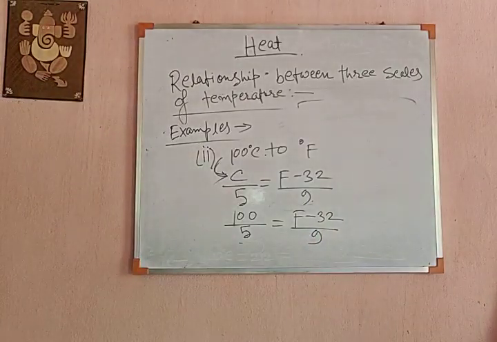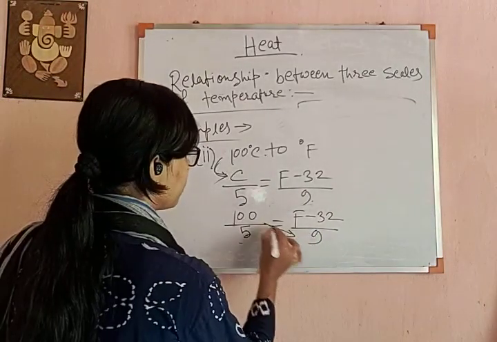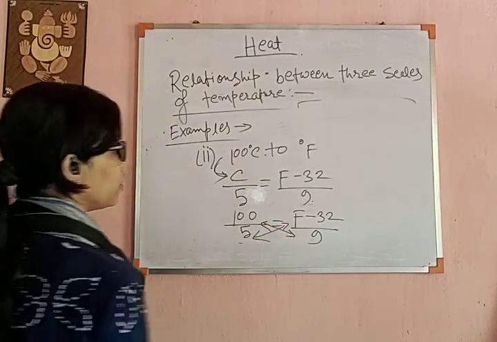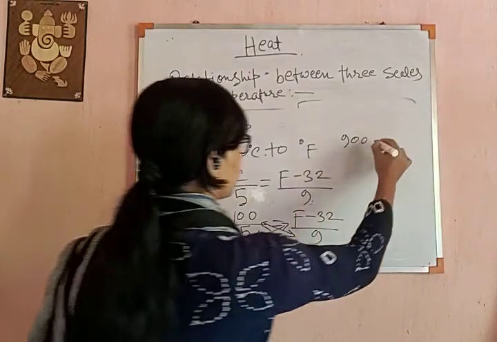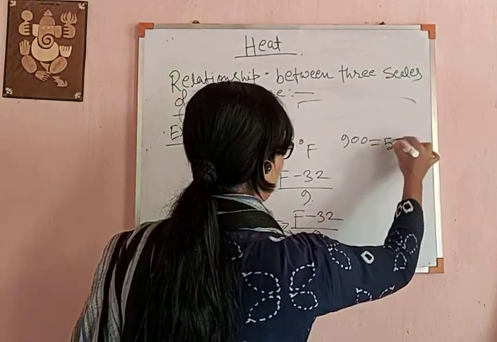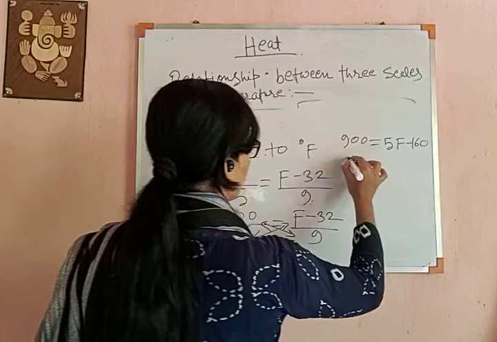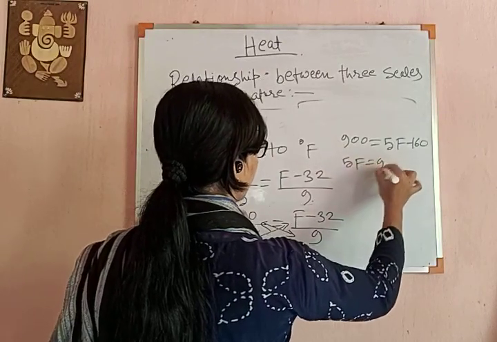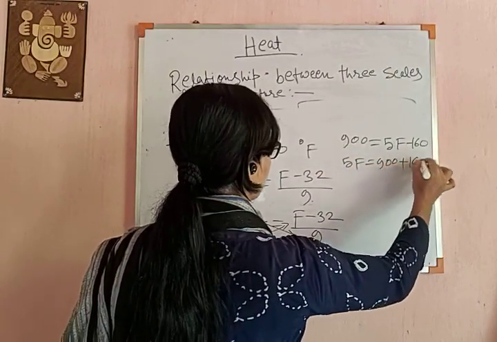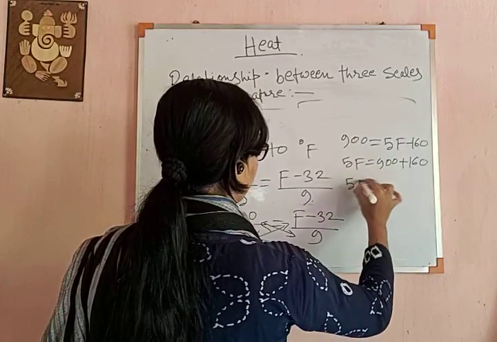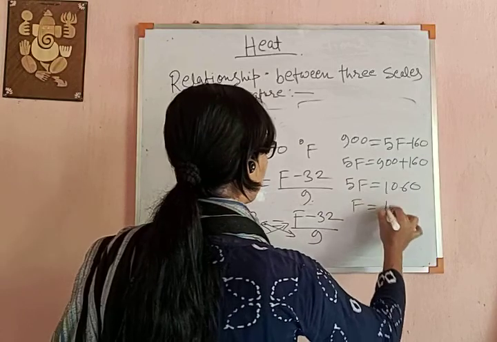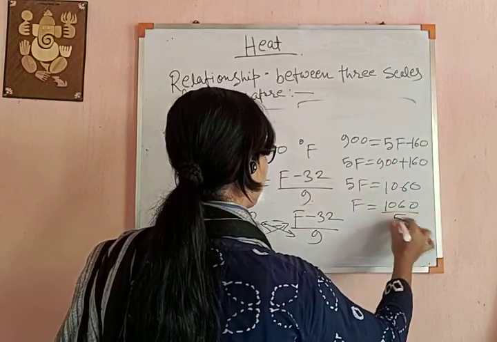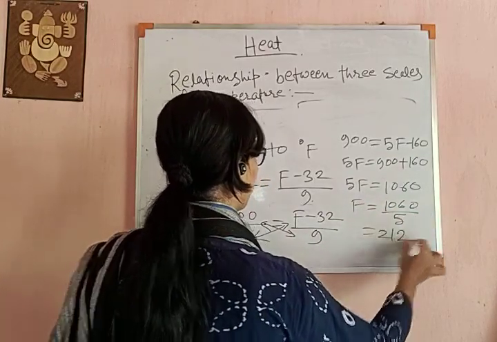Just like the previous example, apply cross multiplication and you will get 900 equal to 5F minus 160. So 5F equal to 900 plus 160. 5F equal to 1060. So F equal to 1060 by 5, that is 212.